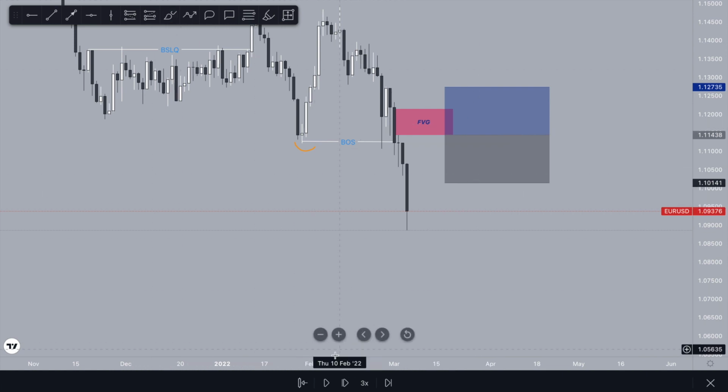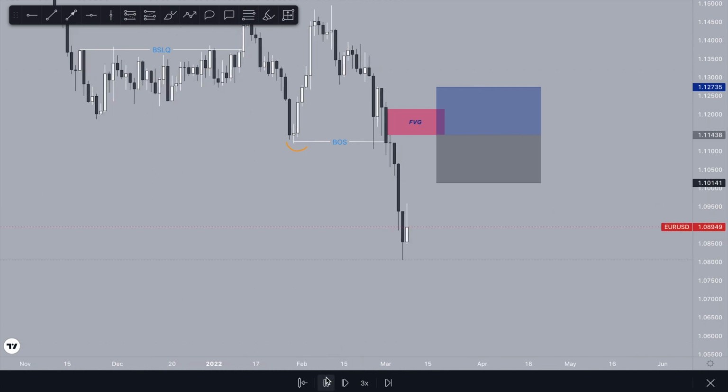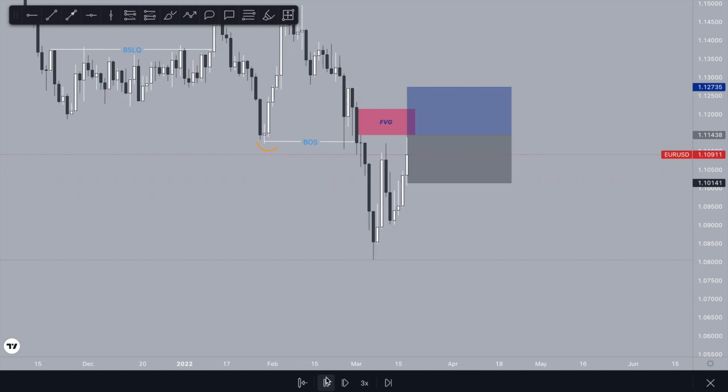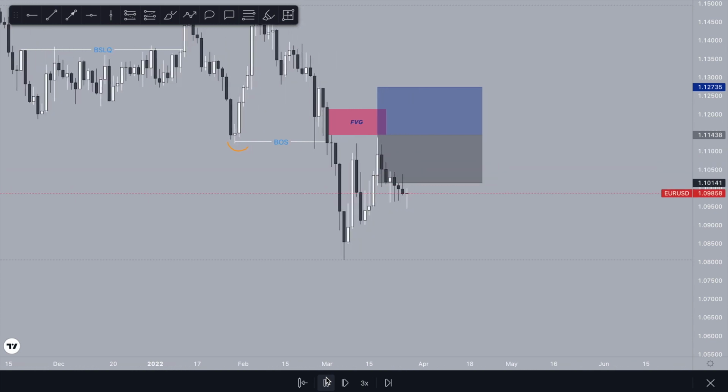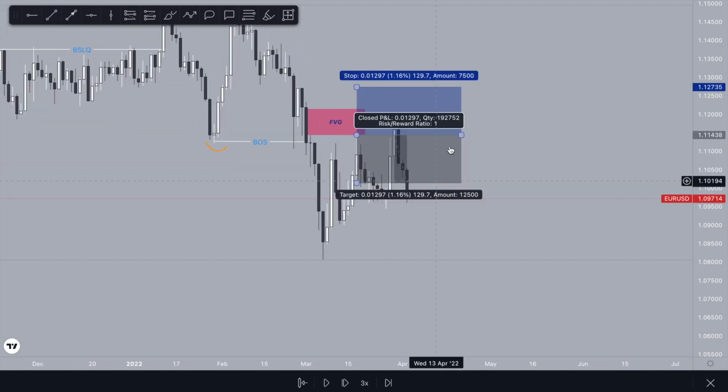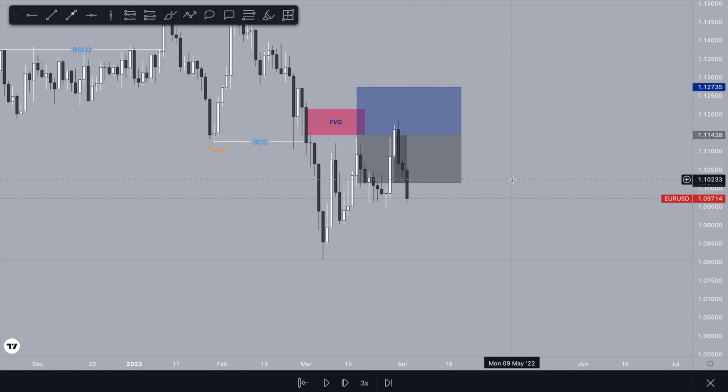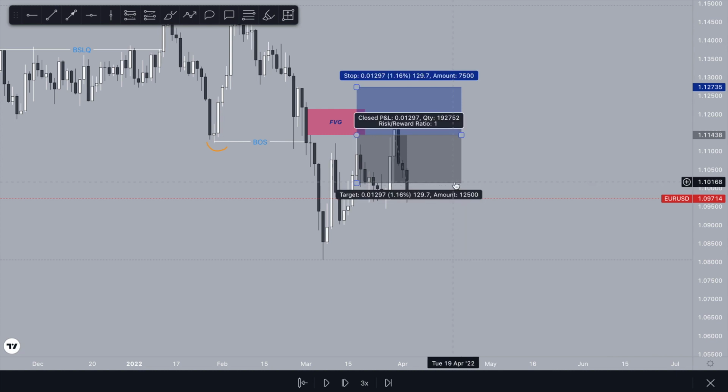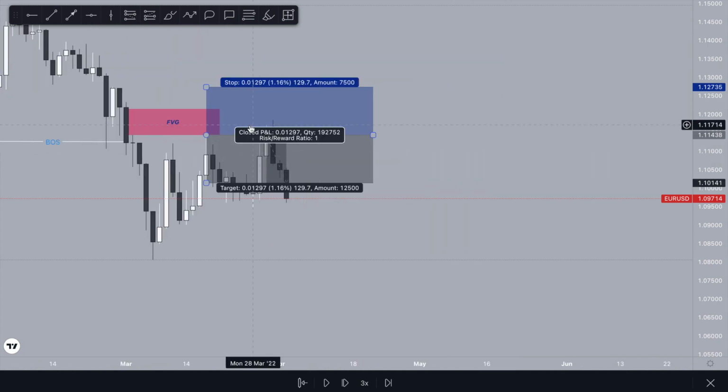So let's see if price will go back to that area. Almost hit our entry. There we go. As you can see, guys, our entry level was hit, and right after it was hit, price moved to the downside and hit our take profit very strongly.